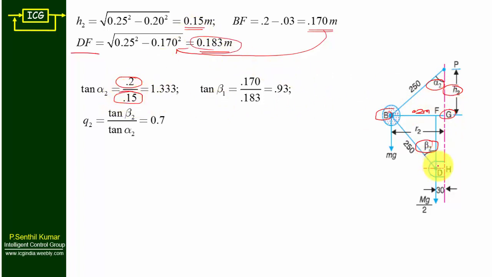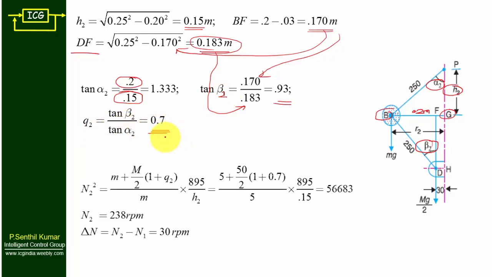So tan beta 2 equals opposite side divided by adjacent side. So the opposite side BF equals 0.170, divided by the adjacent side DF 0.183. So you will get 0.93. Then Q2 equals tan beta 2 divided by tan alpha 2, so you will get 0.7.